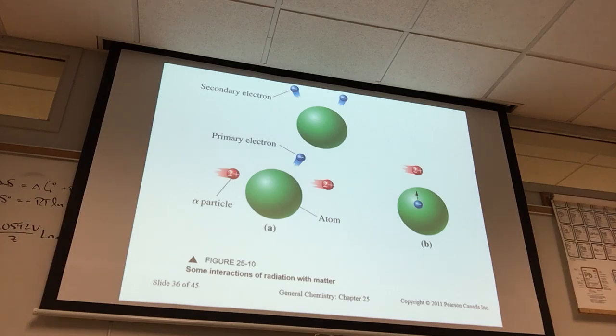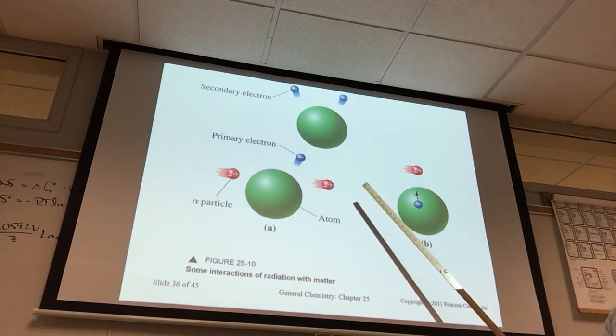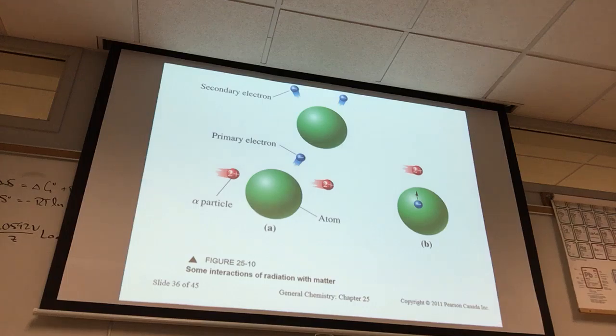Alpha particles can knock off electrons, break bonds, ionize things. So interactions of radiation with matter, we don't have to worry too much about it. It just does cause damage.